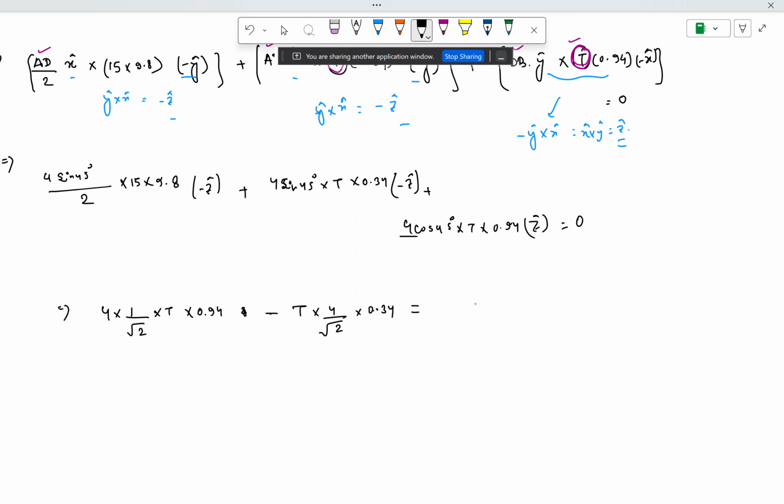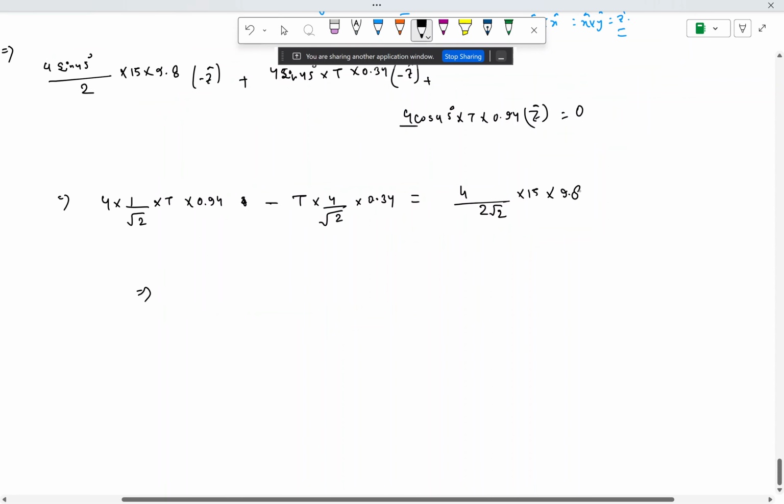So this is 4 by 2 into root over 2 into 50 into 9.8. So this is 207.89. Okay.